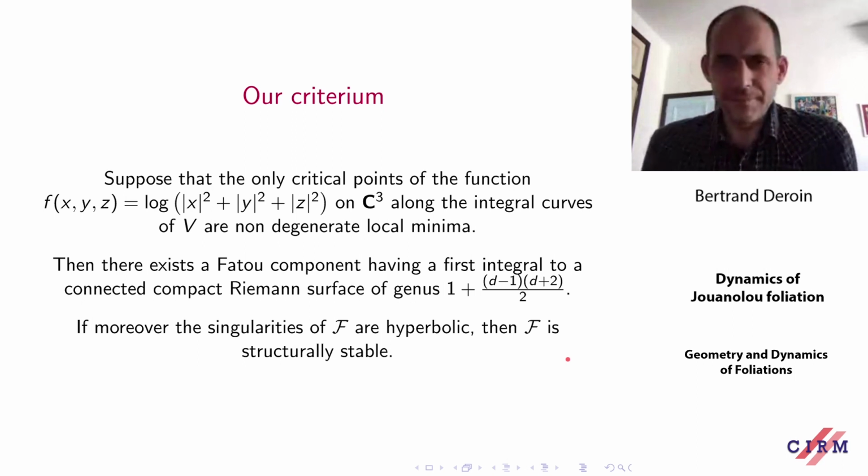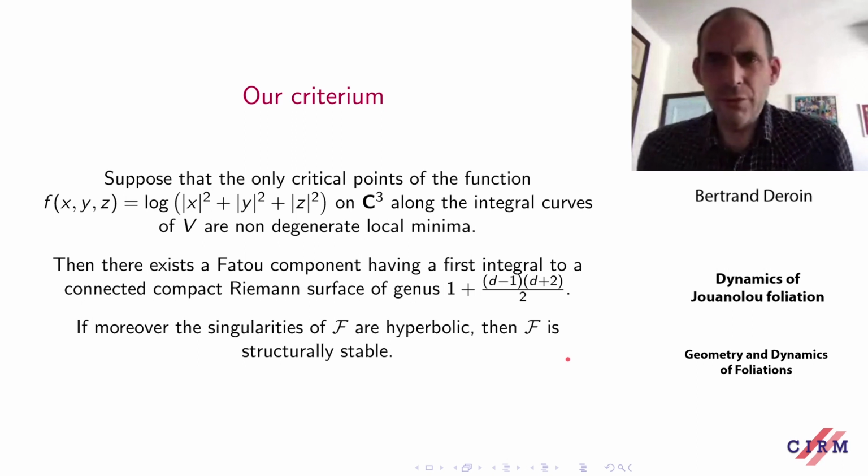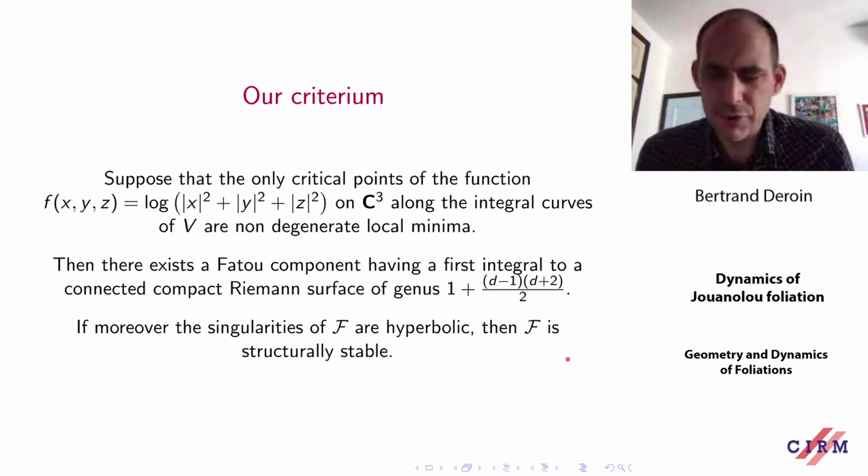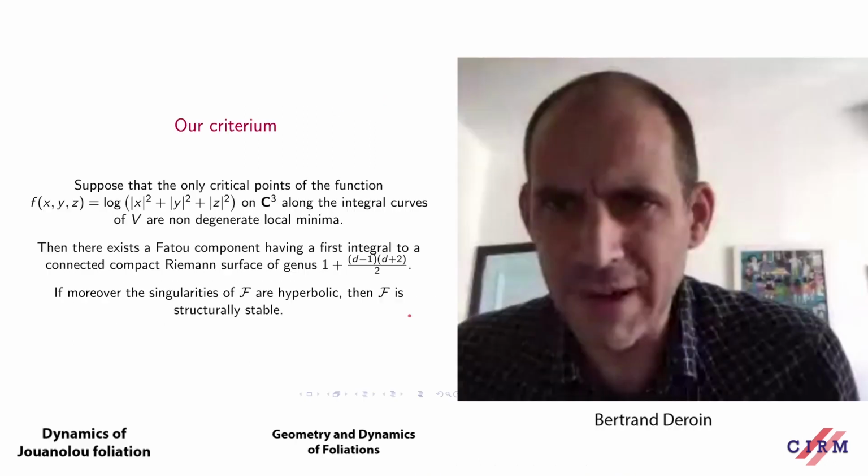The reason why we have such a Fatou component is quite simple. If you look at the gradient vector field of f along the V trajectories, you have to choose the Hermitian metric well, in such a way that this gradient vector field descends to a real vector field on the projective plane.